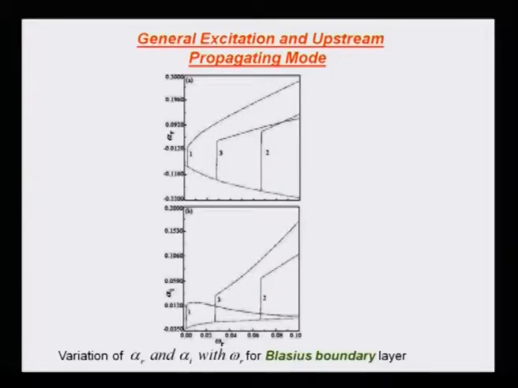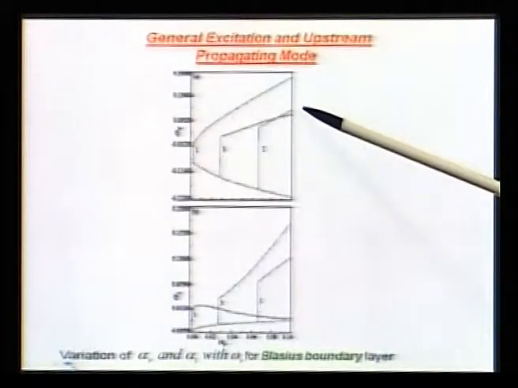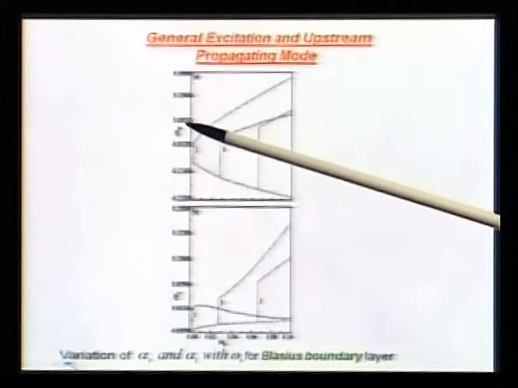Now what happens is, if I start from that circular frequency of omega naught equal to 0.1 and start reducing the circular frequency, then one by one the eigenvalues disappear. So for example, this mode 2 that we talked about. So this is an alpha r positive value.